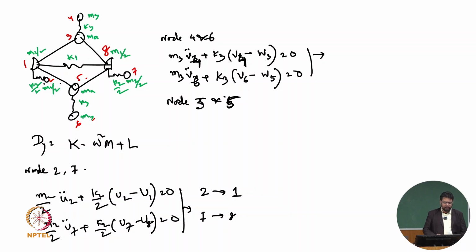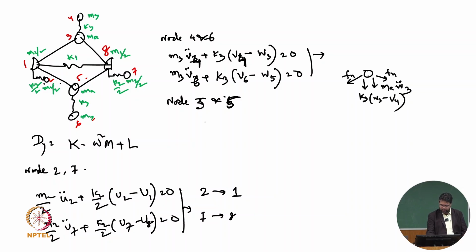Node 3 and 5, what will happen? Simple, you can think. At this point we are having these two forces, maybe we can call Fn, and this point is giving the inertia in the backward direction, that is m into w3, and this spring will give k3 into w3 minus v4.